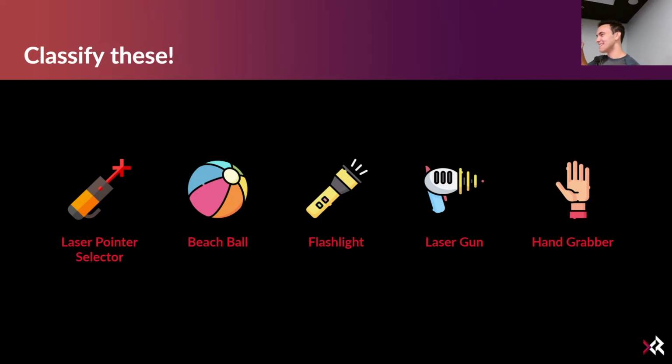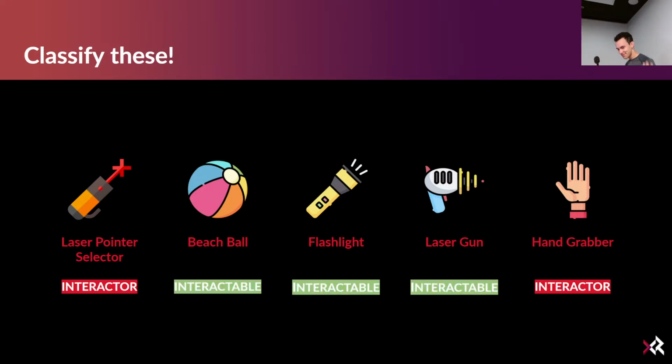So is it interactor or interactable? Interactor. Correct. That is the categorization, the classification you'll do, and everything will be seen. So just start thinking about your stuff in this way.